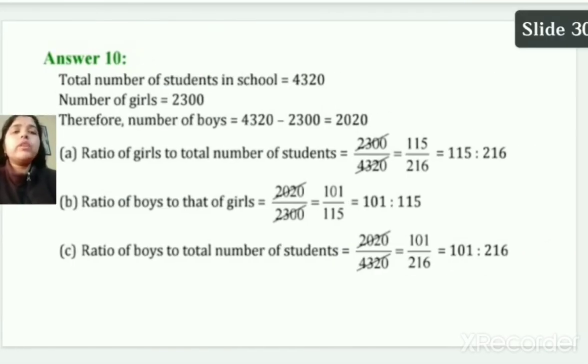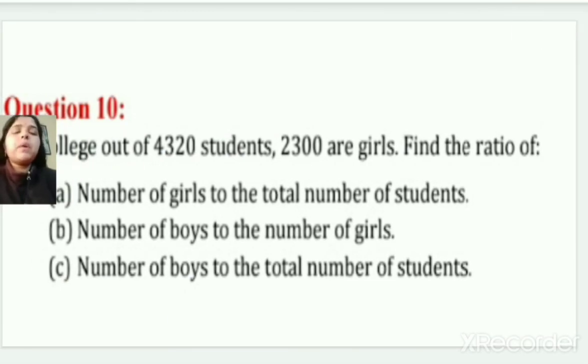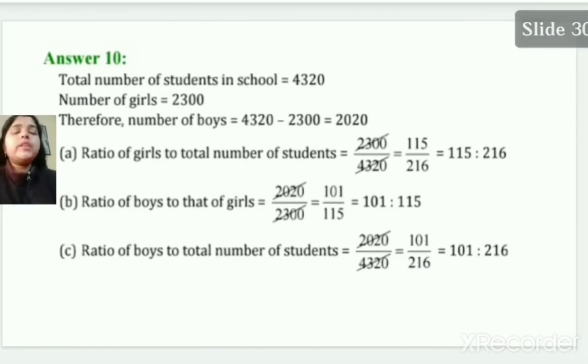Next question, find the ratio of the number of boys to the number of girls. The number of boys is found by subtracting girls from the total, so we have 20 upon 2300. We will cancel it again with 20, so we will have 1:115. Now the next part, the number of boys to the number of students. You need to subtract both the numbers to get the number of boys, which is 20, and the total number of students in the school is 4320.